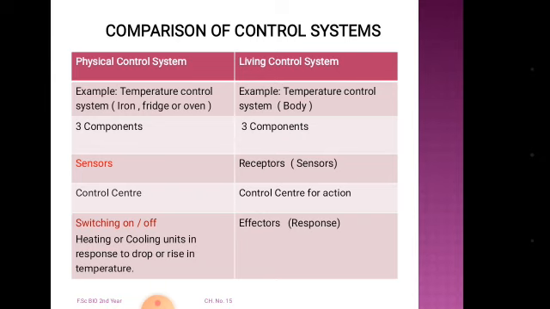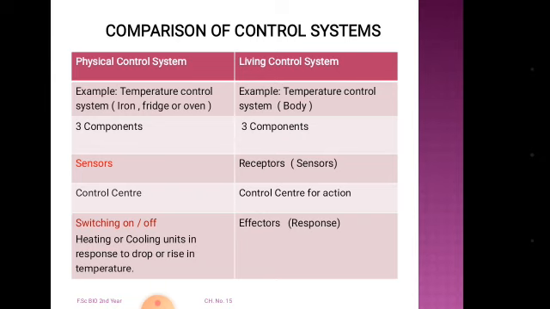One is the sensor, control center, and switching on and off in a physical control system. In a living control system, receptors are present, control centers are present, and effectors are present. So they will carry on the function when they receive any signals, any information from the outside.